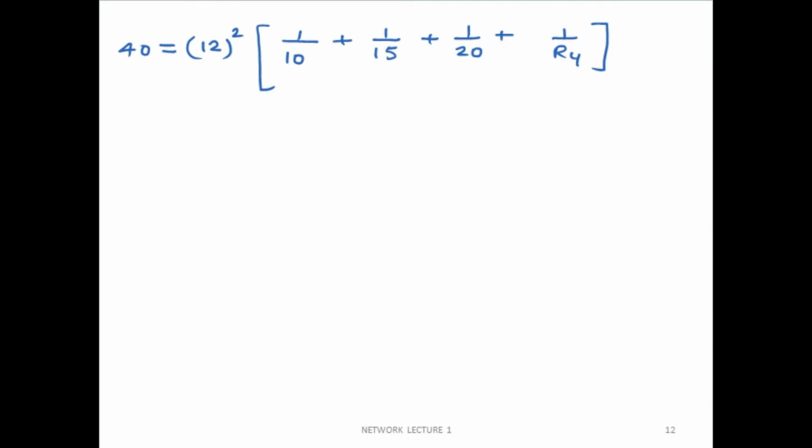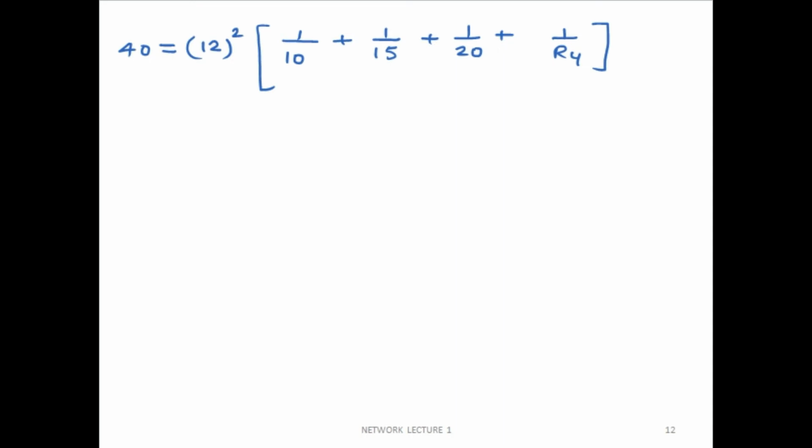So this is 40, it will be equal to, so let us take voltage, 12 volt is given, so V square I have taken common, so this will be equal to 1 by R1, R1 value is 10, plus 1 by R2, R2 value is 15 ohm, plus 1 by R3, R3 value is 20 ohm, plus 1 by R4. So let us simplify.